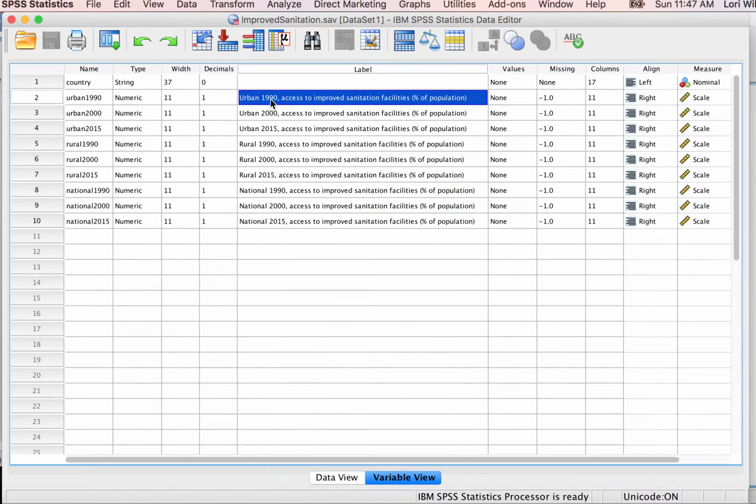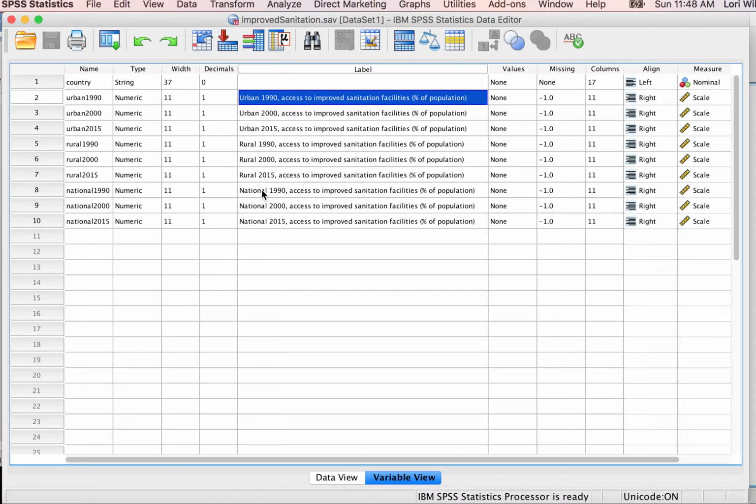In other words, in 1990, for urban areas, what was the access to improved sanitation facilities? And this really is a number that is as a percent of the population. So for each country, it looks like maybe 50% of the population has access to improved sanitation, and so on. For your assignment, you will be looking at the national level.